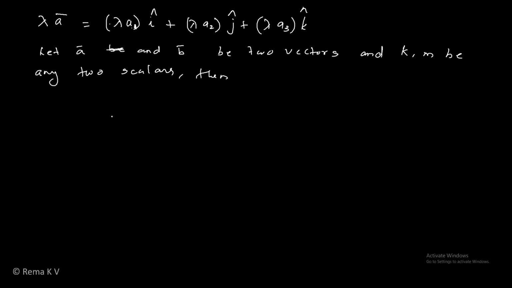Then K vector A plus M vector A can be written as K plus M vector A. This is the distributive property here. K and M are two scalars, so Ka plus Ma is equal to K plus M vector A.